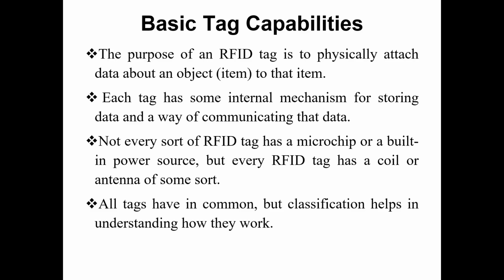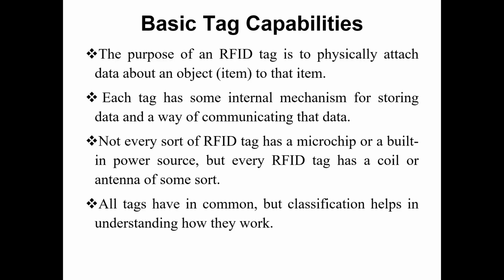Next are security features. At a basic level, simple tags may support password protection or kill commands to permanently deactivate the tag. Higher-end tags can include encryption and authentication also.